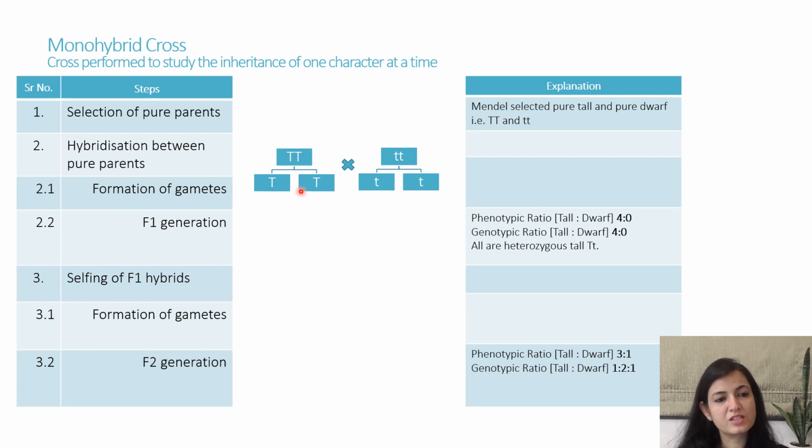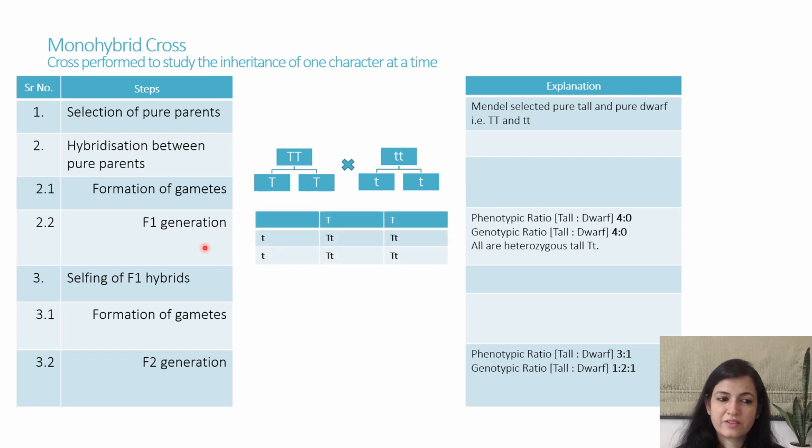From the homozygous tall parent, the gametes formed will be capital T and capital T, and from the homozygous recessive dwarf parent, the gametes formed will be small t and small t, as the parent is homozygous. And we all know that for the recessive trait, both the alleles need to be similar. So this was about the formation of gametes.